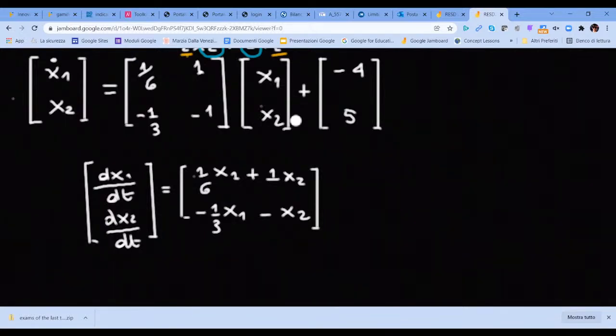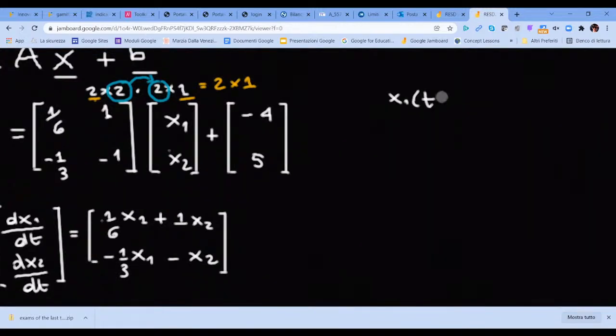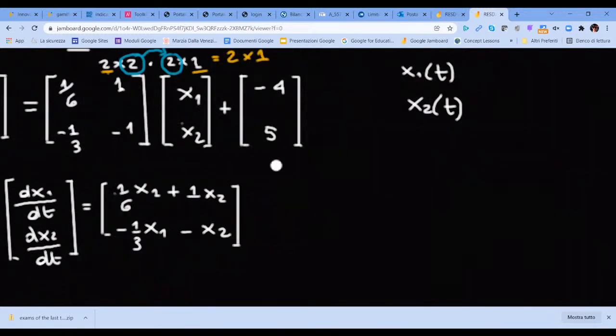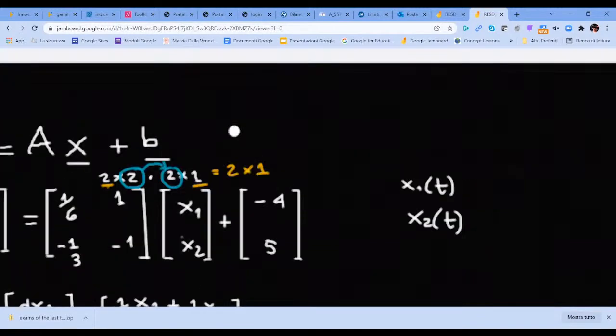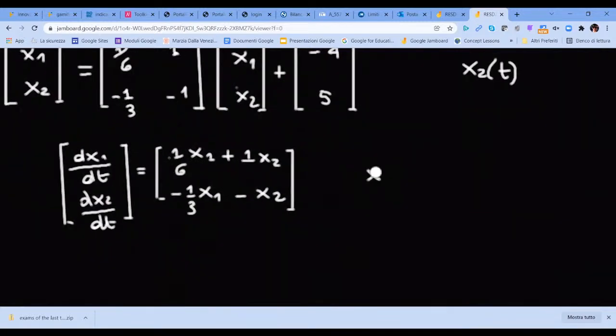That means that we have these two functions, x1 depending on t and x2 depending on t, such that we let b come out after we computed the general solution of this x dot equals A times x.